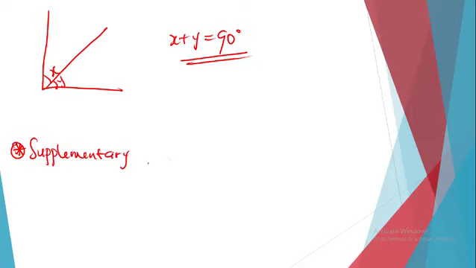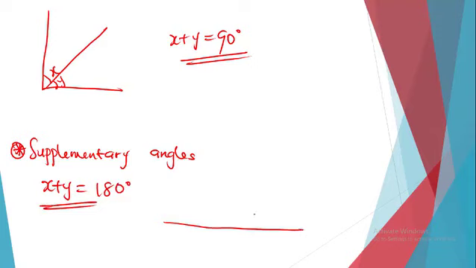Okay, we have supplementary angles. I've taught you something on supplementary angles. I told us that supplementary angles are angles whose sum is 180. When we have x plus y equal to 180, we say that these two angles are supplementary. For instance, we have a straight line and then we have an angle, say x, and another angle y.